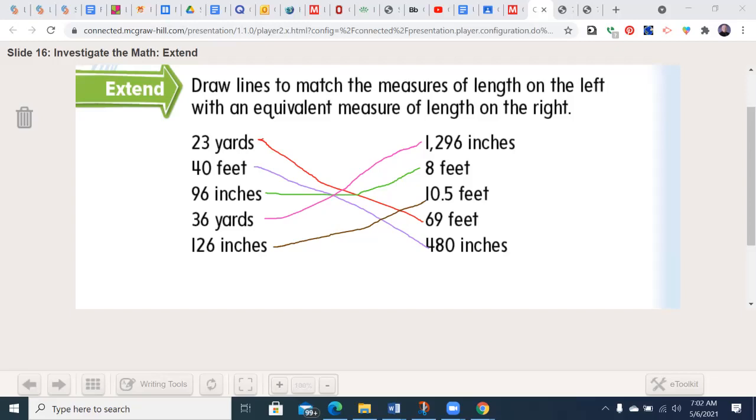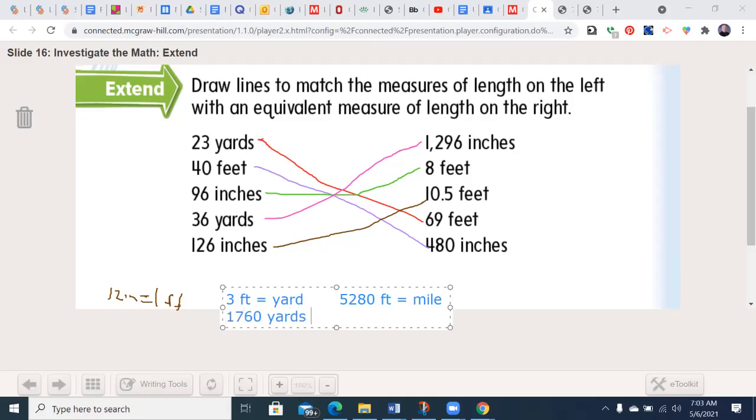the 5th grade. But once you start learning that 12 inches equal a foot, let's just get right to here. 3 feet equal a yard. 5,280 feet equal a mile. 1,760 yards equal a mile.